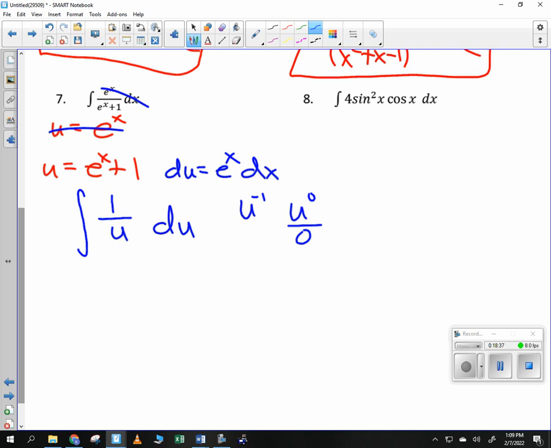So then you're trying to think to yourself, what was the thing we took the derivative of to get 1 over x? Natural log. So the antiderivative of 1 over u is natural log. And we'll get to it later, but you can only take the natural log of positive things, so we use absolute value. So natural log, absolute value of e to the x plus 1.